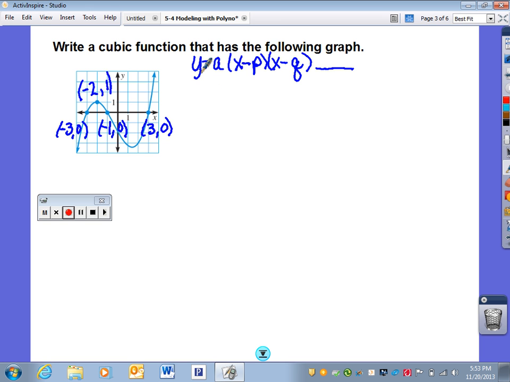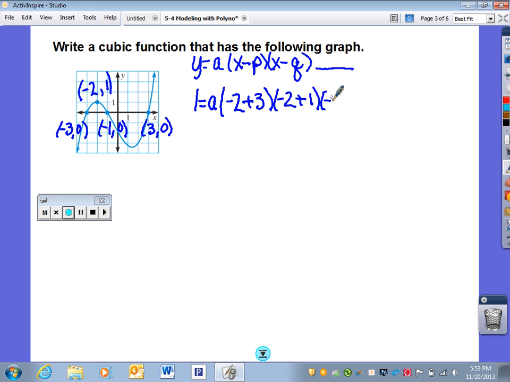So if I replace my y value with my 1, we're leaving the a because that is the leading coefficient we're looking for. Our x value is -2, and we want to subtract the first intercept. So minus -3 would be +3. Then we have -2 minus our next intercept, which would be minus -1, which is +1.